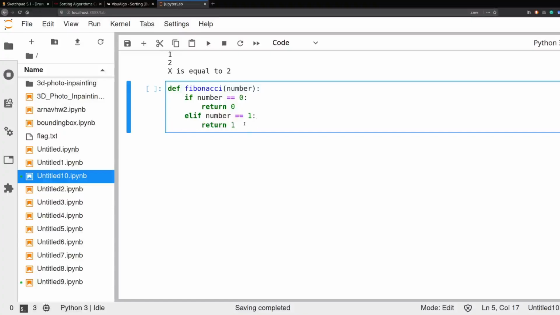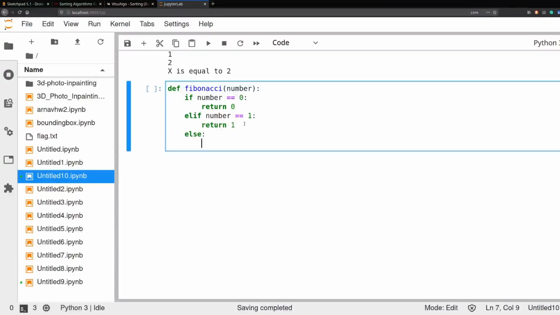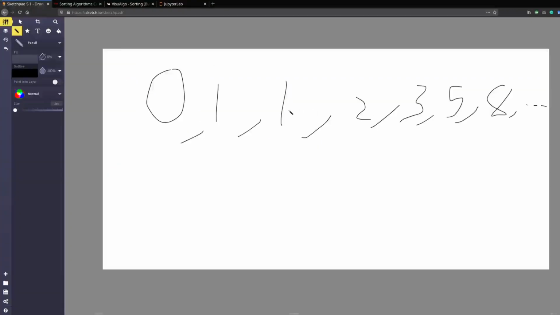But other than that, if it's a number that's not 0 or 1, we can calculate the Fibonacci for it by returning the function call on itself: the Fibonacci of the number minus 1, plus the Fibonacci of the number minus 2.